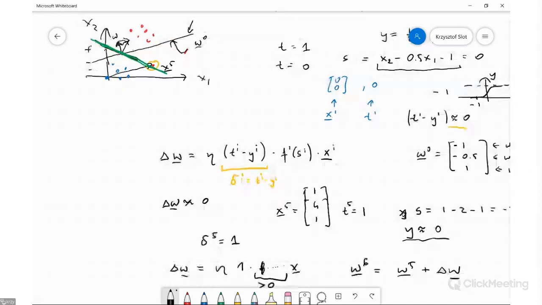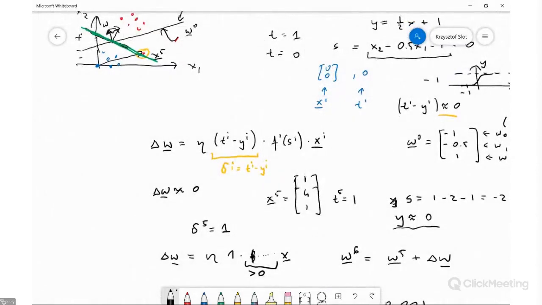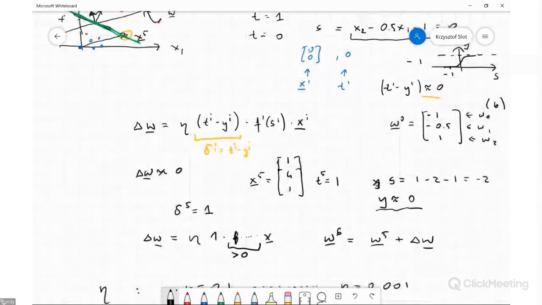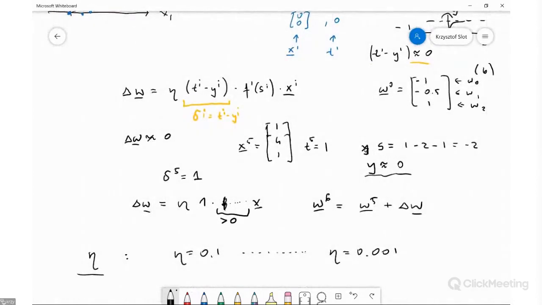So one of the conclusions of this simple example that hopes to illustrate training of neuron weights is that training of a neuron and of a neural network will depend on such parameters, and this is something that I would name a hyperparameter, because this is something that strongly impacts the performance of learning, but it actually cannot be predicted from data. We have parameters like weights, and they can be estimated from data.